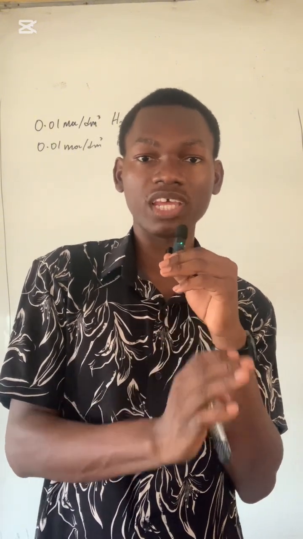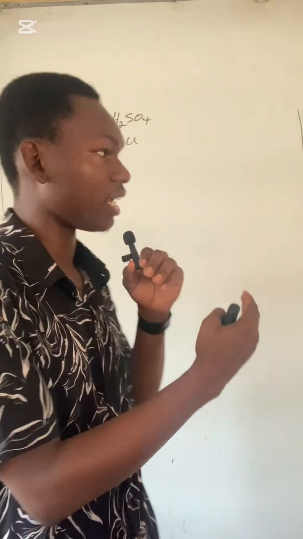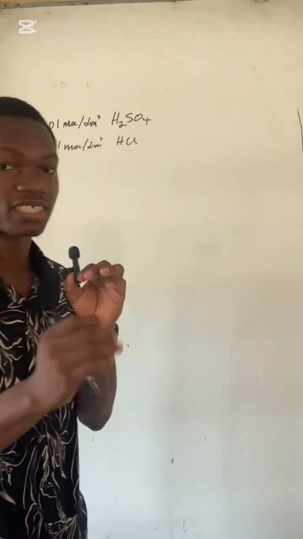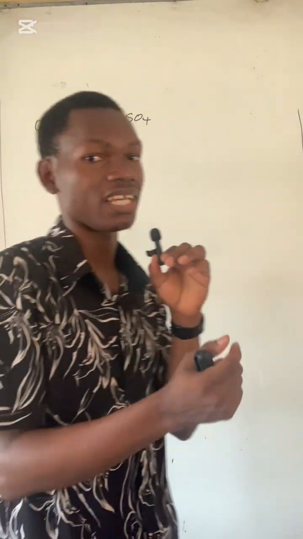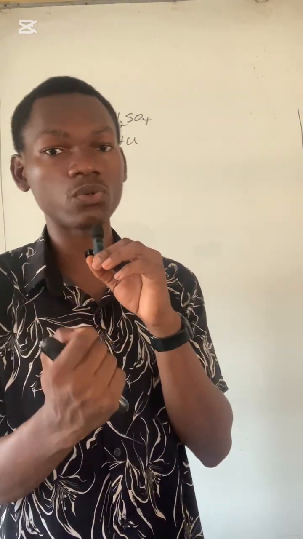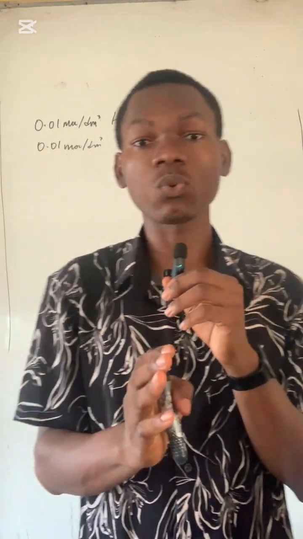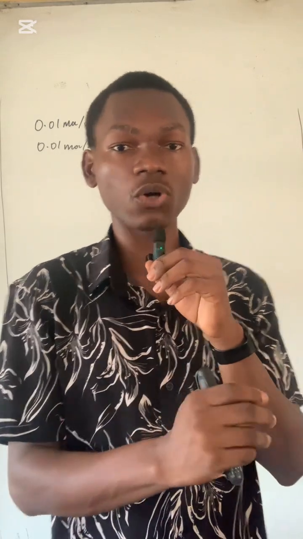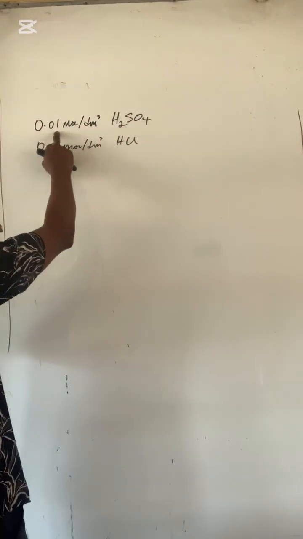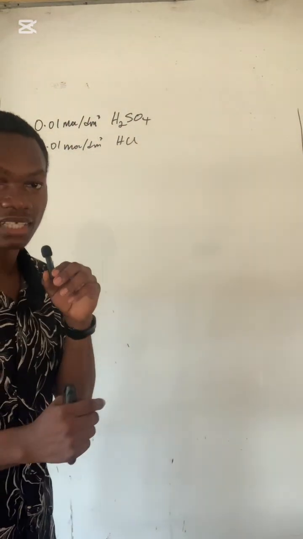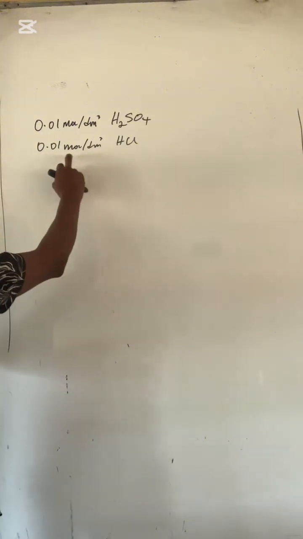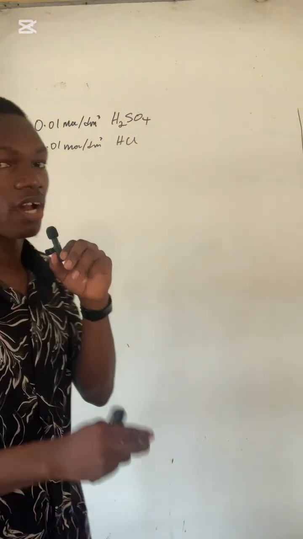While the one that is moving away from the 0 range is less acidic. So the question can be rephrased as which of these two acids has a lower pH value. So our point here is that we want to calculate the pH of 0.01 mole per dm cube of sulfuric acid and also 0.01 mole per dm cube of hydrochloric acid.